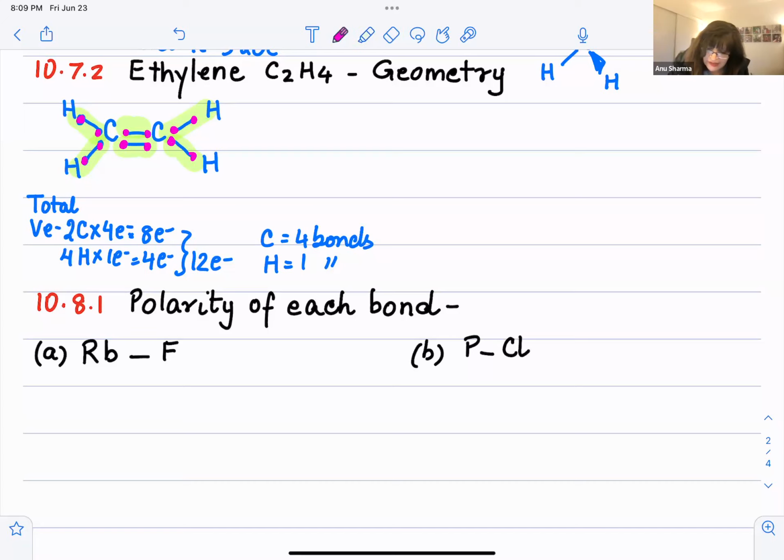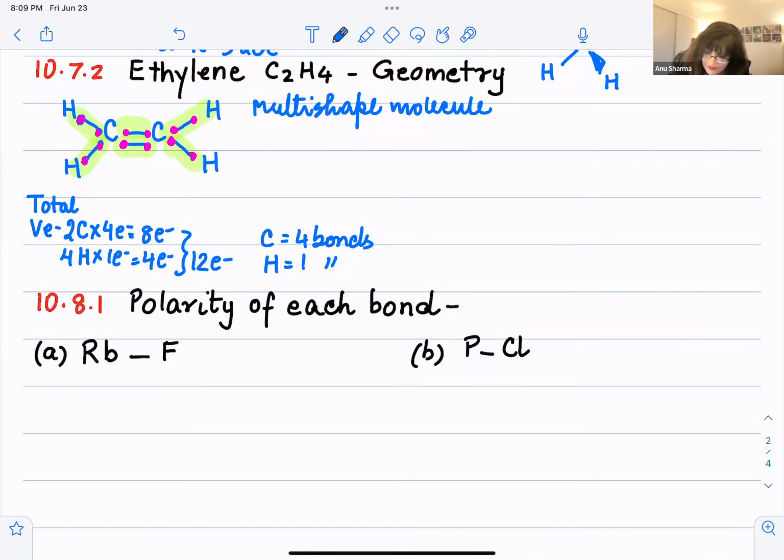Now, in this case, this is a multi-shape molecule. All right. So in a multi-shape molecule, what are you going to do?